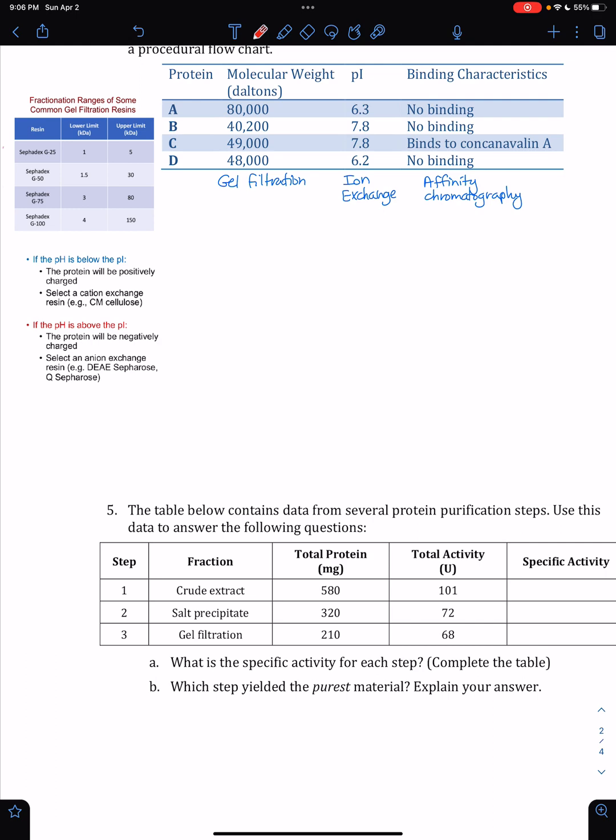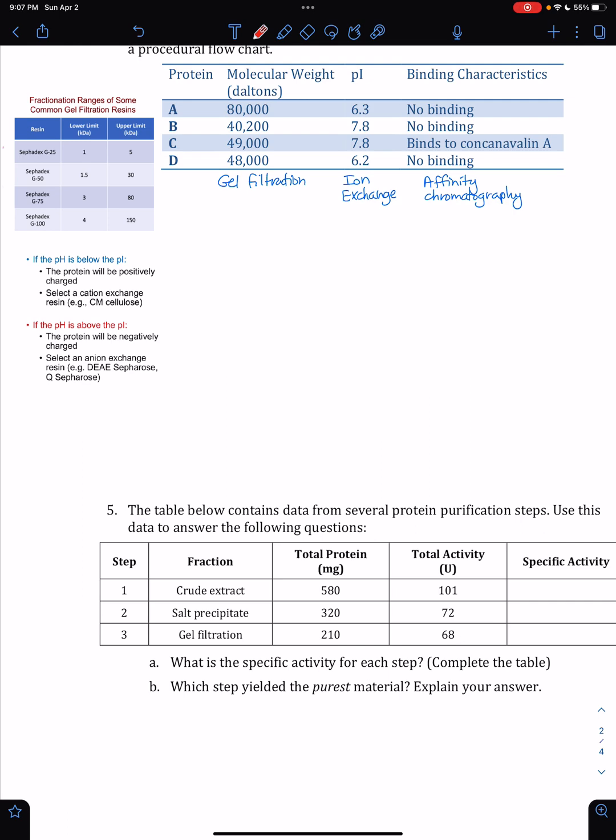All right. So I'm going to look at these and I will start my purification scheme. And again, you can start any way you want, but I'm going to start my purification scheme with affinity chromatography.